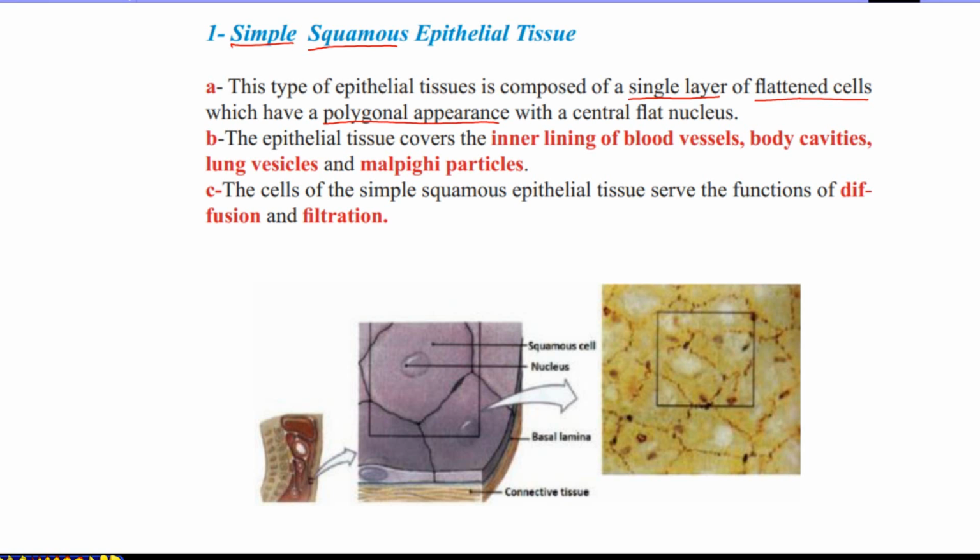From an overview, they have a polygonal appearance with a central flat nucleus, because the shape of the nucleus is also adapted to the shape of the cells. The tissue covers the inner lining of blood vessels, body cavities, lung vesicles, and Malpighian particles, which are parts of the kidney.